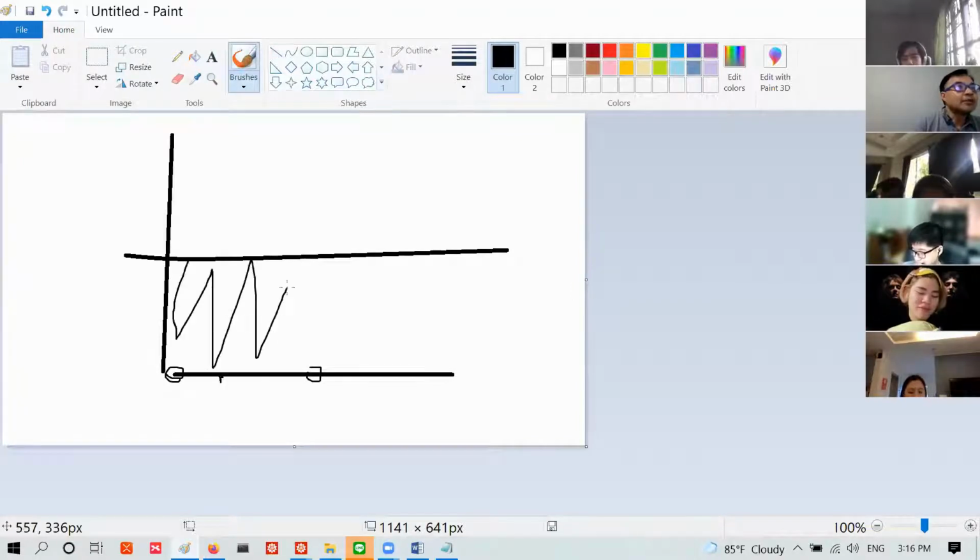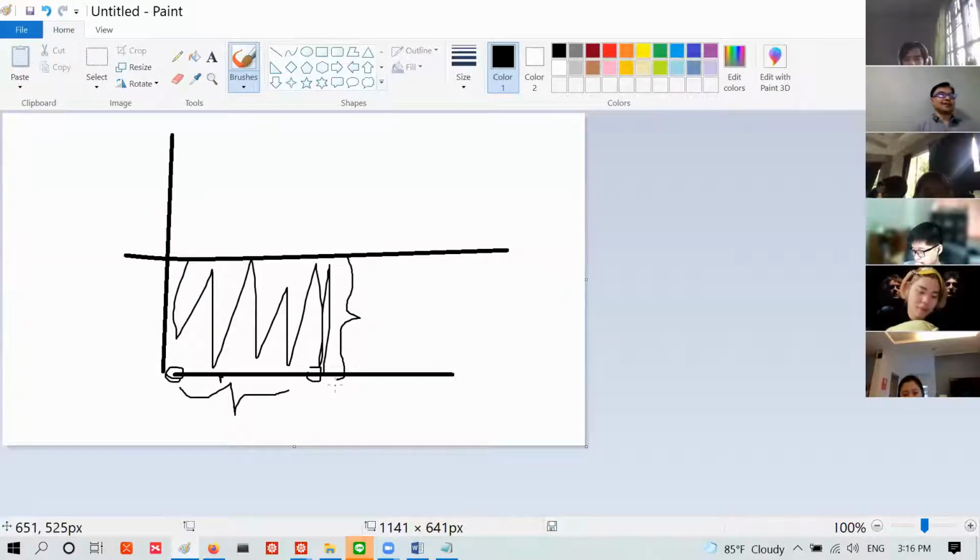The area is this, right? It's the width times the height. That's easy. So if the width is time and the height is speed, width times the height is equal to distance.